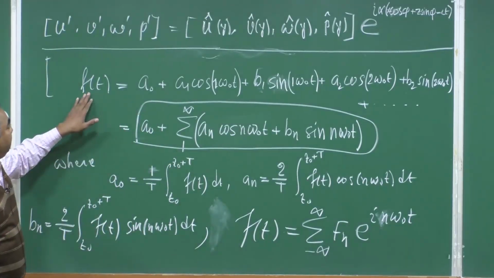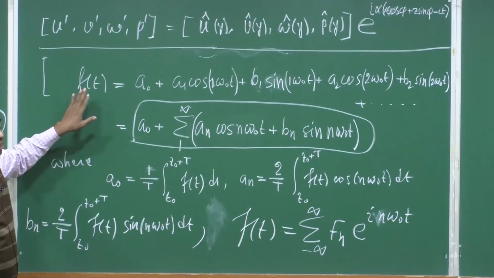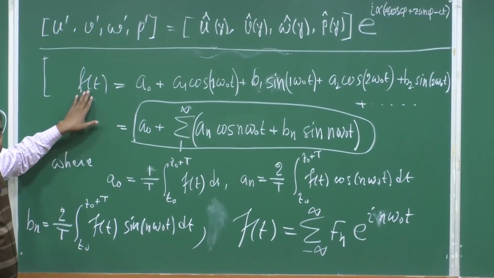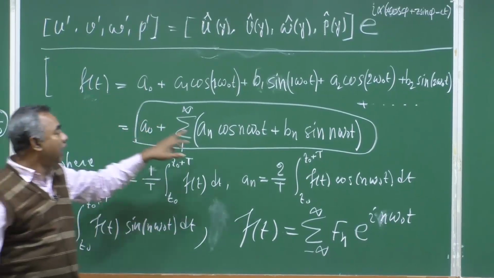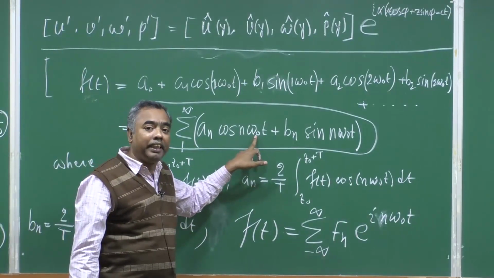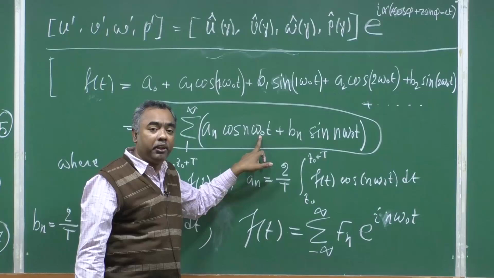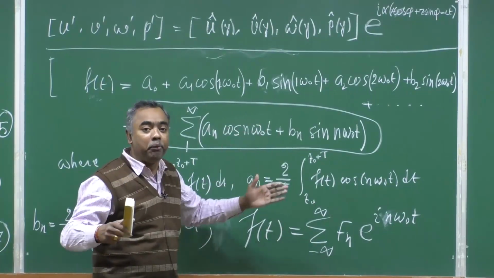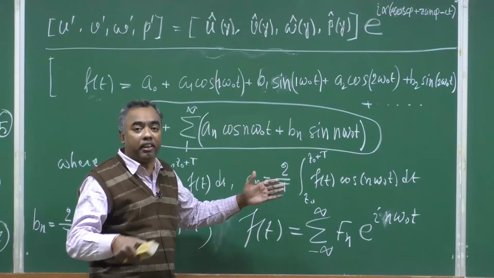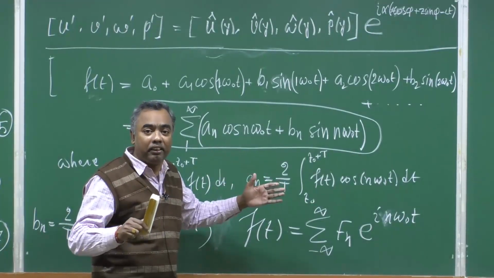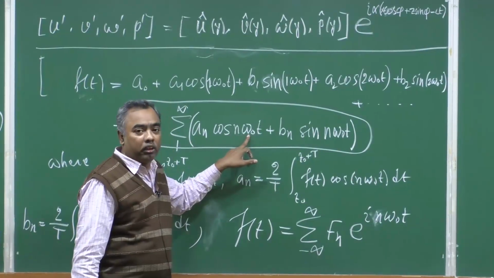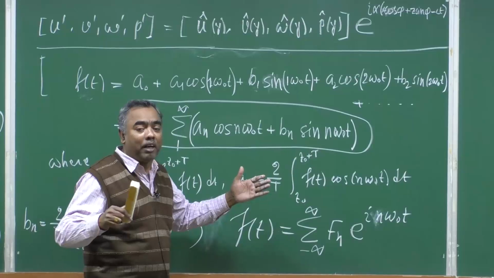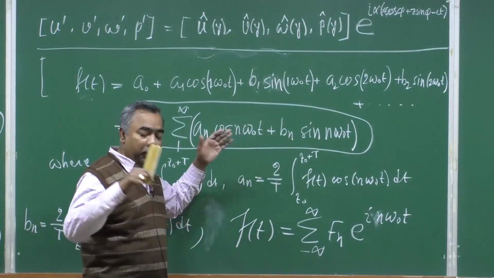If, instead of f of t, it is just f of x, then instead of omega naught we have k naught, which is the spatial frequency or wave number: in unit length, how many waves are there. Similarly, omega naught is the number of waves in unit time.